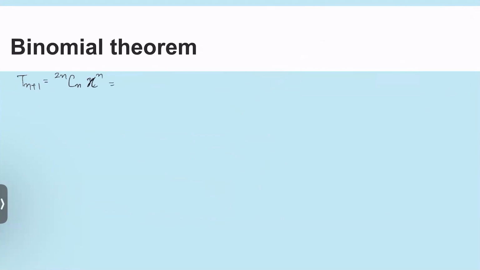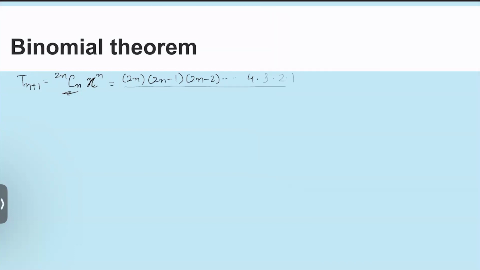Okay, so if you expand the coefficient, what you get is 2n, 2n minus 1, 2n minus 2, all the way up till the time we reach 1 in the factorial form. And this will be n factorial, and then (2n minus n) factorial is again n factorial, and you will have x raised to n.